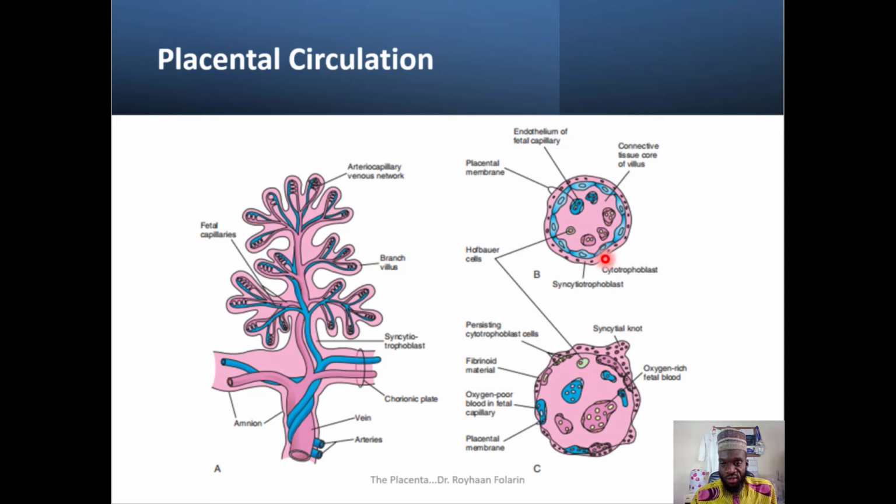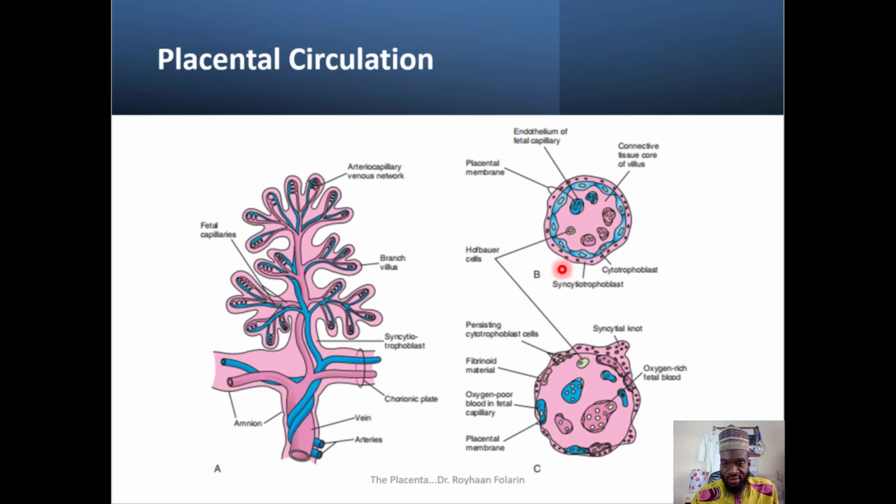And the placental membrane is composed of extrafetal tissues which separate the maternal blood in the intervillous space from fetal blood in the capillaries and the villi. So you will note that the placental membrane becomes very thin at full term, very thin compared to what you have right here.